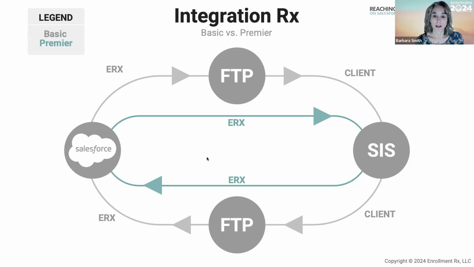And so some clients, when we finish their project, have one pattern and it's CRM to SIS. Others, as I've alluded to, we're doing bi-directional, but different types of data moving in both directions. So their Integration Rx project has multiple designs in that code as well. We drop in whatever templates we think we need, and then we're configuring that for you.